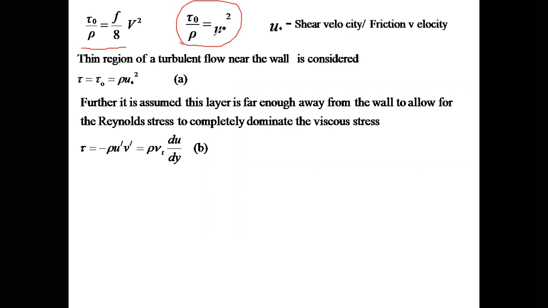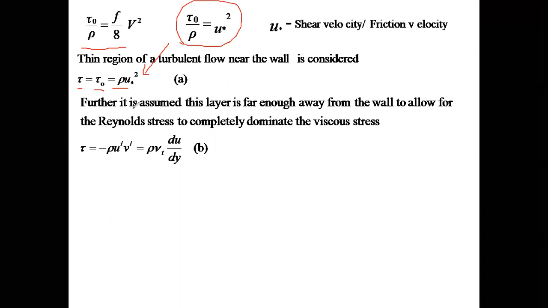From this we can write tau naught equals rho times u star squared.